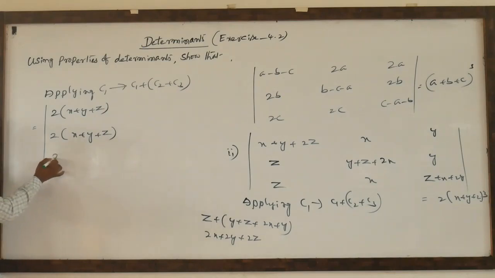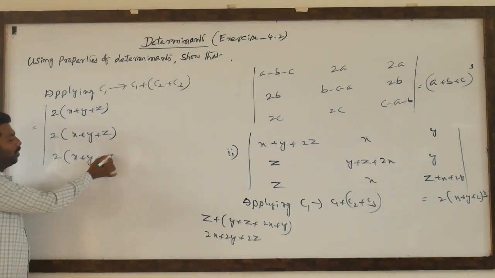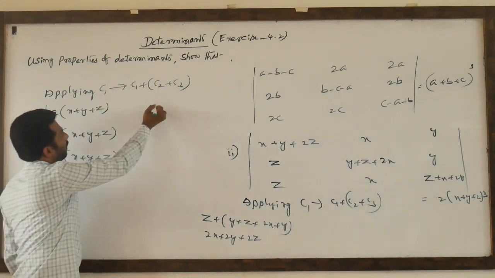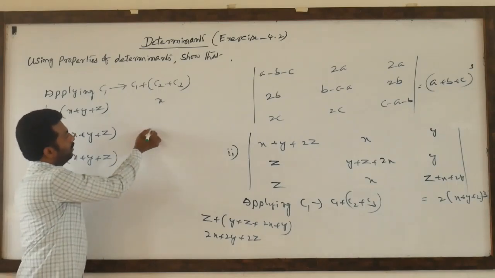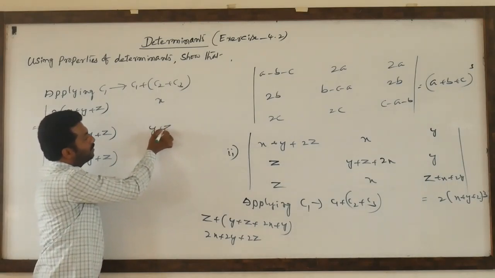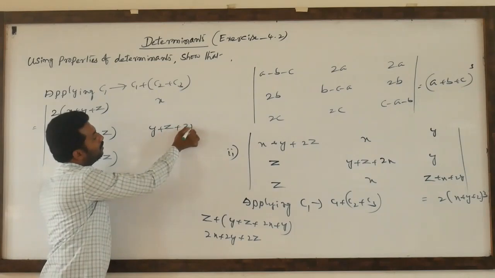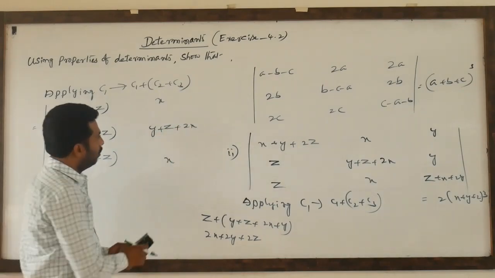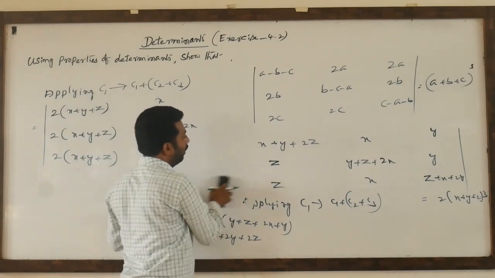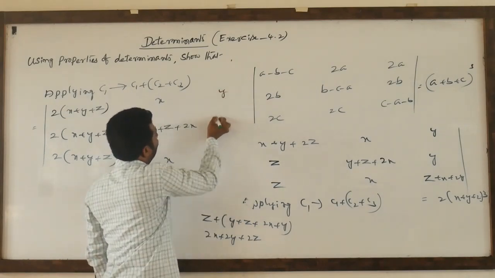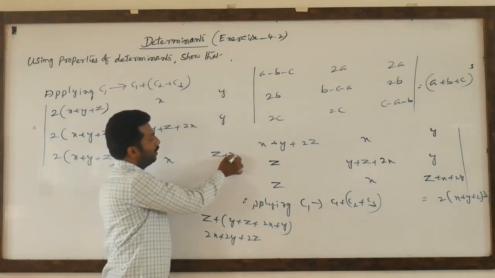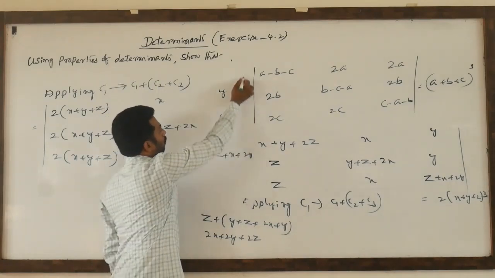The third element is also the same: taking 2 common gives x plus y plus z. No changes in the second column. What is the second column? x, then y plus z plus 2x, then x. What is the third column? This is y, so this is z plus x plus 2y.